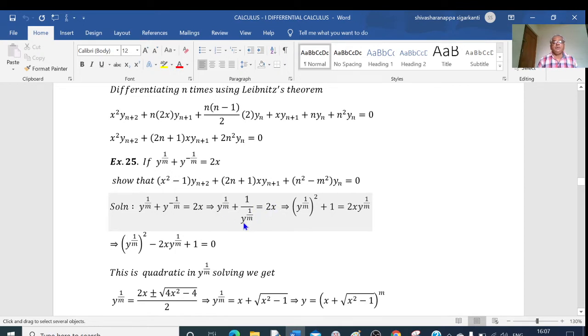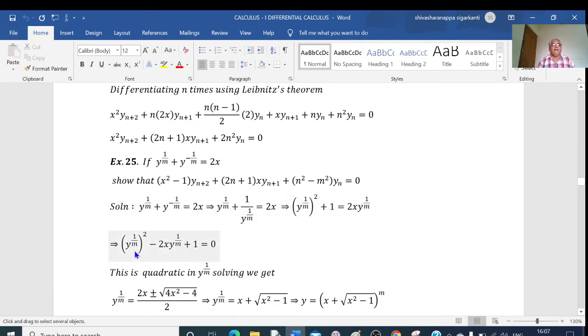Multiplying this equation throughout by y to the power of 1 by m, this becomes y to the power of 1 by m whole square plus 1 equal to 2x into y to the power of 1 by m. Taking this to the left hand side, this becomes y to the power of 1 by m whole square minus 2x into y to the power of 1 by m plus 1 is equal to 0.